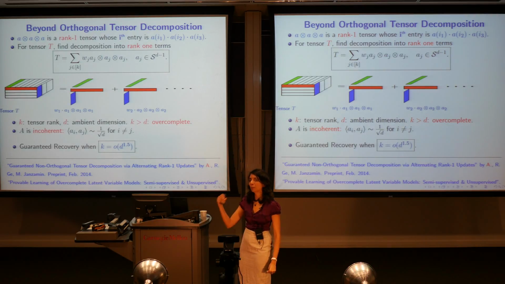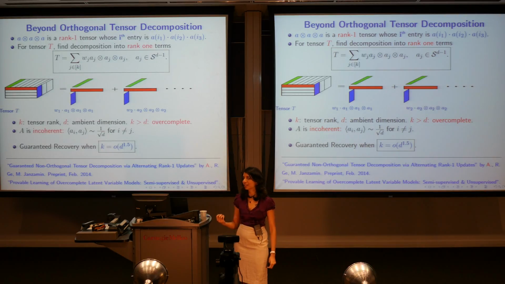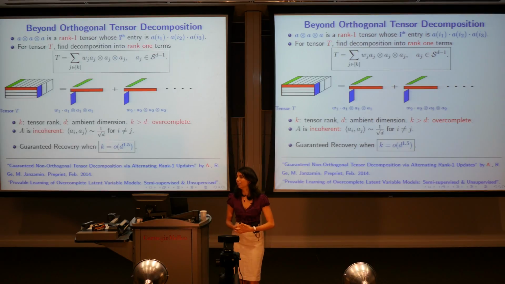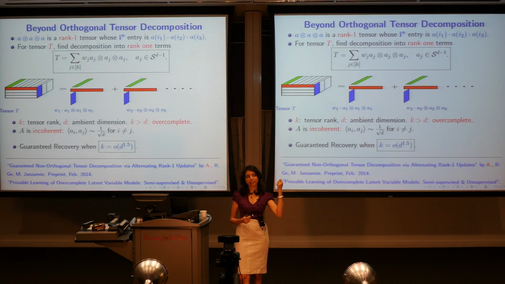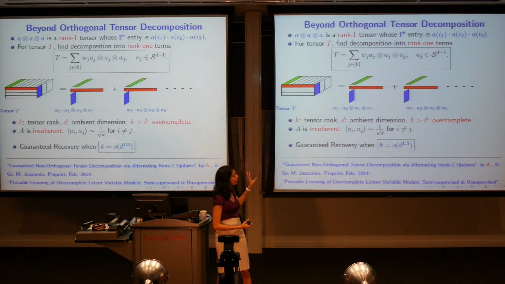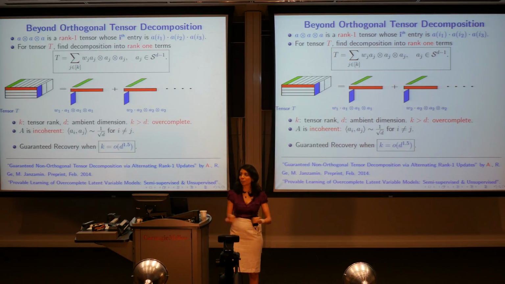We need a super polynomial number of initializations. But in practice, we find you don't need that many initializations. The intuition is that these initializations are needed so that you land in the right basin of attraction of one of these points. The story is much more involved in the overcomplete case, but with tensors there's hope we can still take this story further.